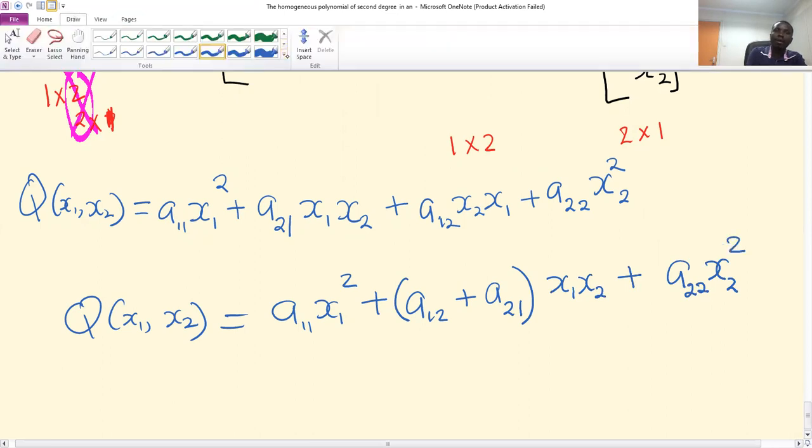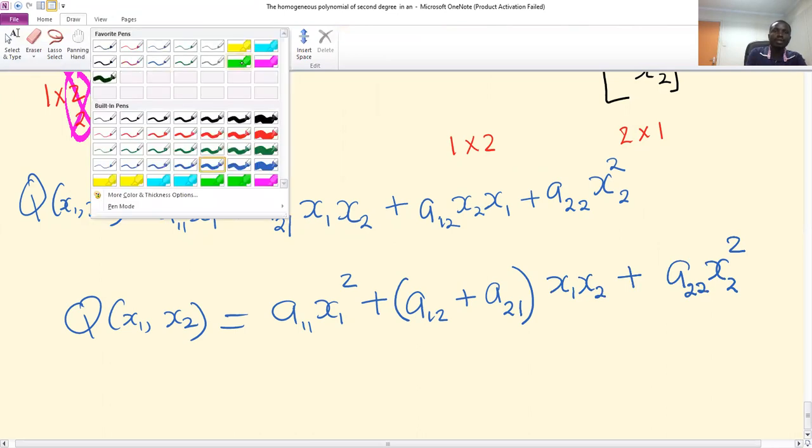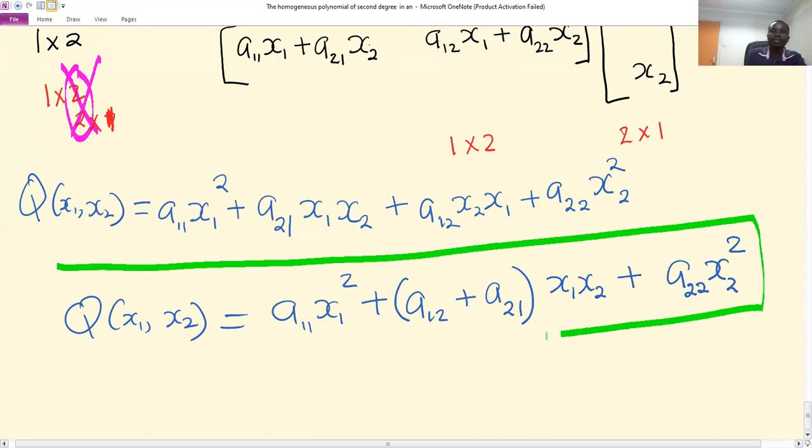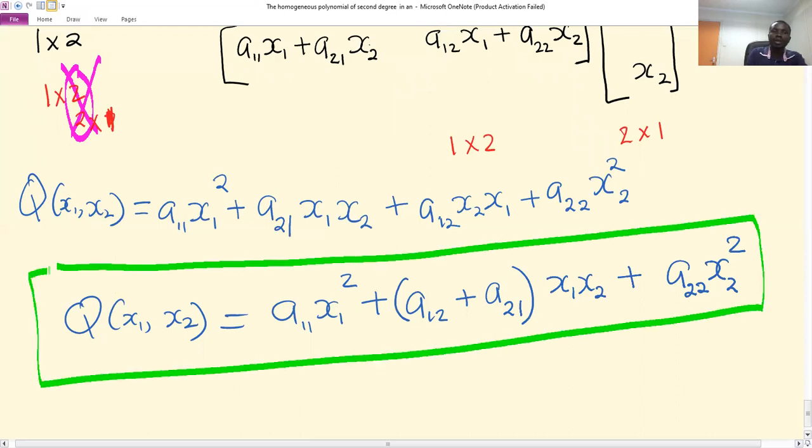This being our 1 by 1 matrix, we can just write it without the matrix notation. So this is the quadratic form for two variables, x1 and x2.